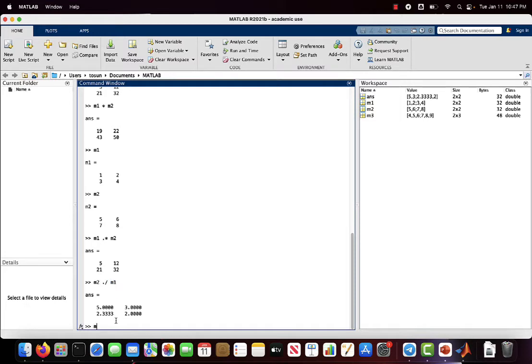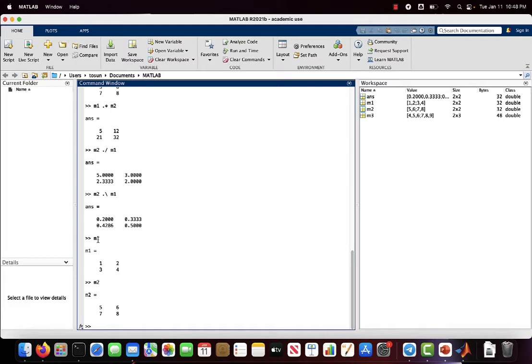But if you use M2 dot backslash M1, that means right now M1 over M2. And let's look at M1 and M2.